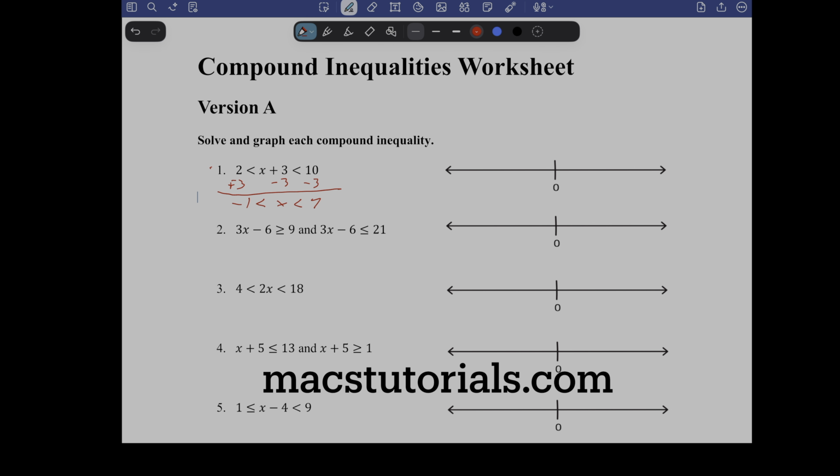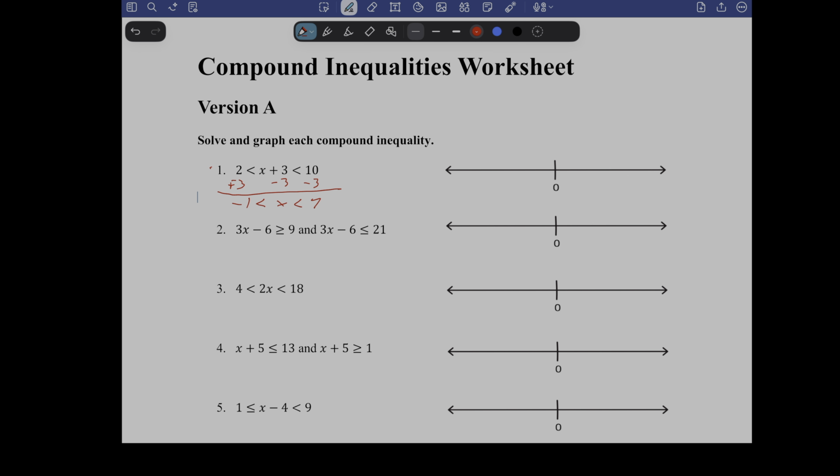When you have the x and there are less than signs on the left and the right, that is signaling that you're going to be shading in between them. So you're going to get a negative 1 right here and a 7. I see that there's no equal sign, so I want to write holes on each of these. Then I'm going to shade in between.